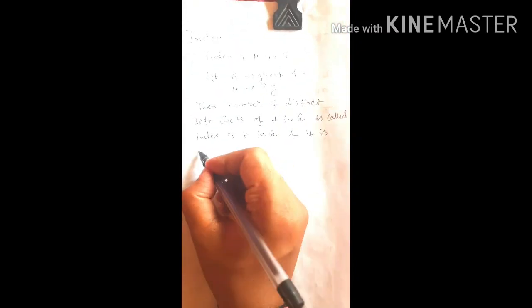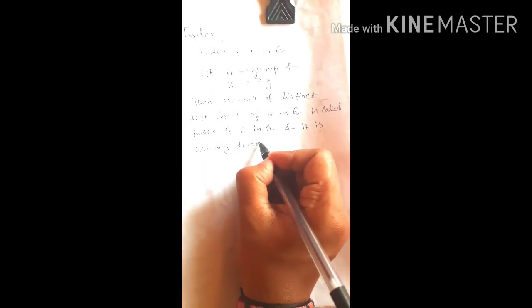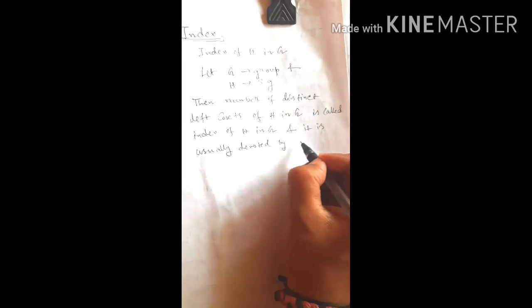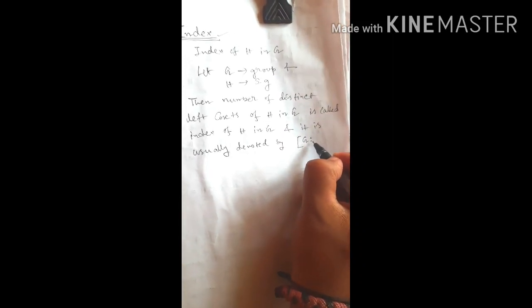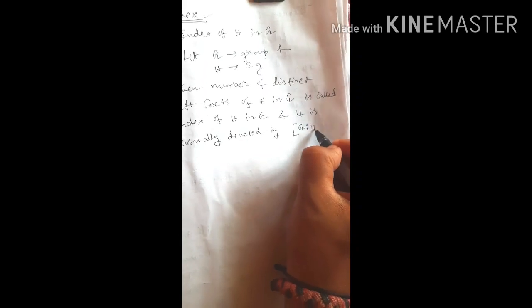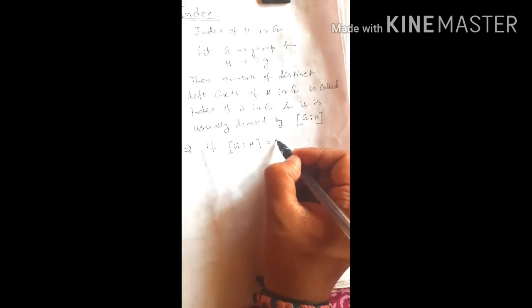And it is usually denoted by [G : H] in third brackets. For example, [G : H] must be a numeric value.